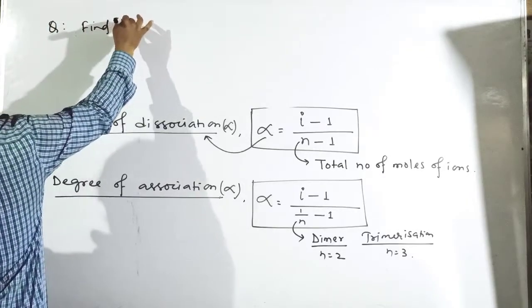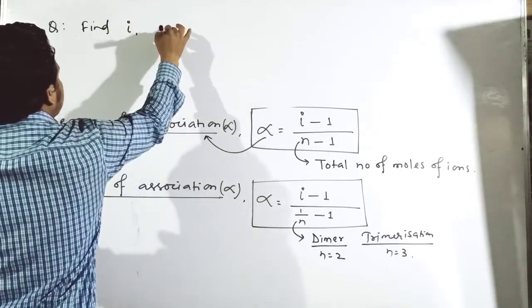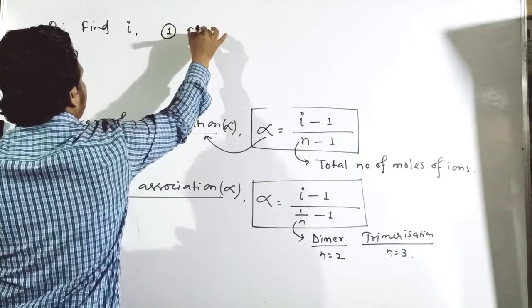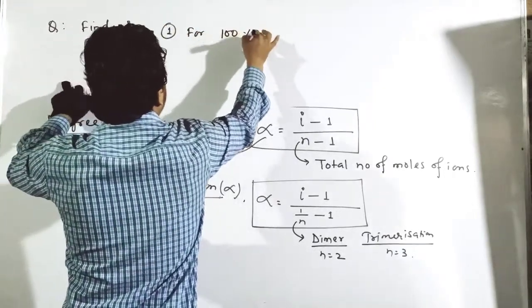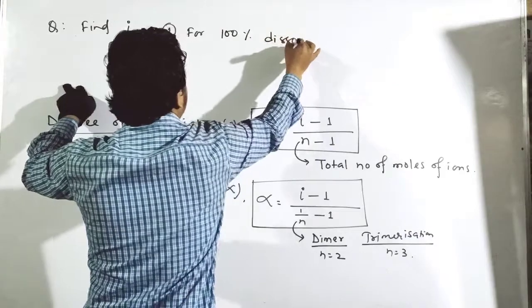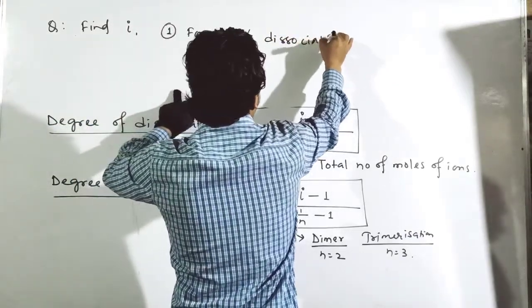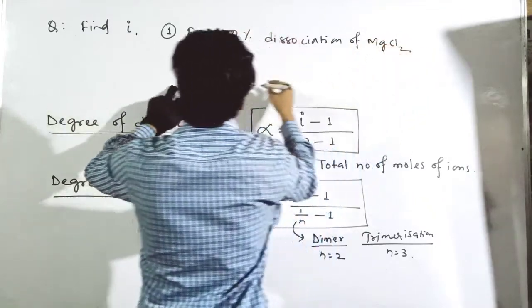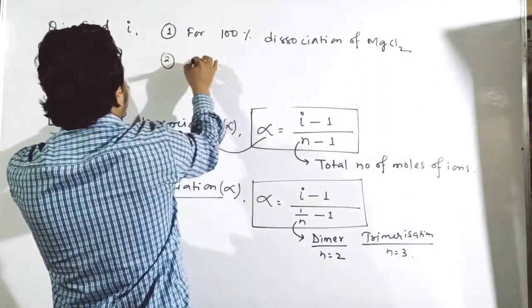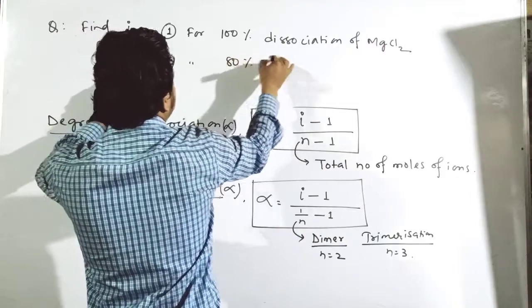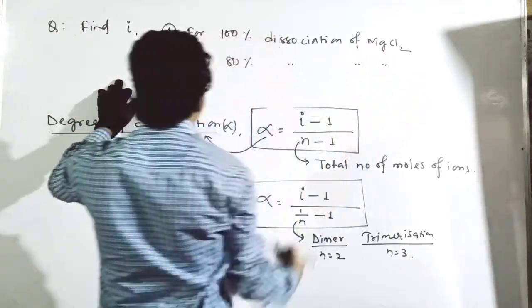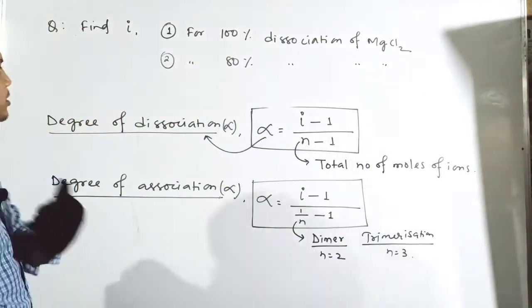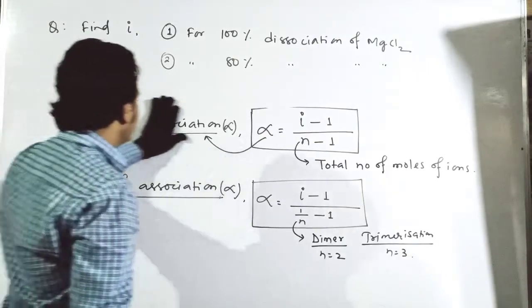Find I. First question is for 100% dissociation of magnesium chloride, and second we have taken 80% dissociation of this, or any number you can take. Okay. Now let us solve this.